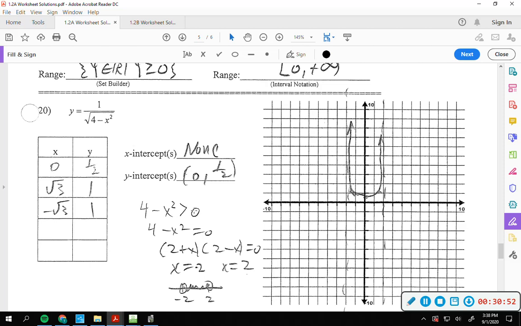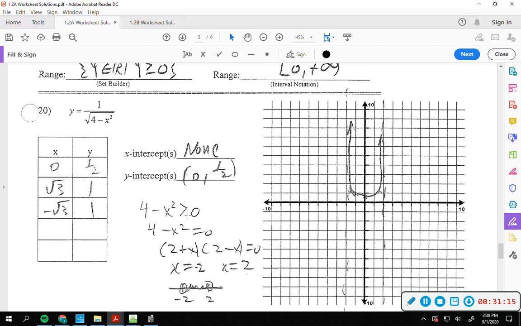Notice when I do these quadratic inequalities, I just treat it like an equation. I solve this. I find out that the two critical points for this equation are -2 and 2. And again, I just want to check, is it the numbers in between or the numbers on the outside that work? Does 0 work? Yeah, 4 is greater than 0. It works.